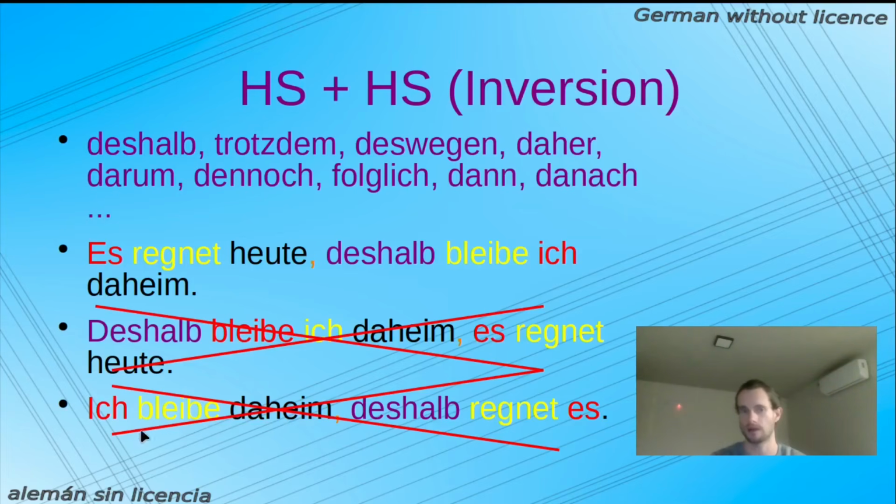That's also not working out. Ich bleibe daheim, deshalb regnet es would mean, again, I stay at home, therefore it is raining. So my home staying would be the reason for the rain, makes no sense. That's why you cannot interchange the order of the different clauses with connectors of the inversion group, okay, like deshalb or trotzdem.